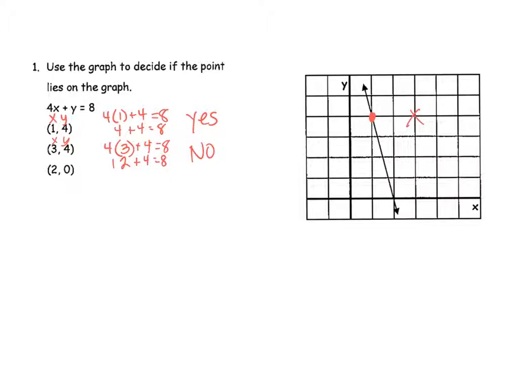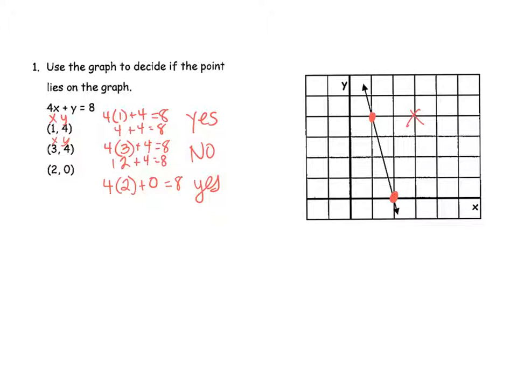2, 0. Plug it in, plug it in. 4x, put a 2, plus y, 0, equals 8. Tell your table if it's a yes or a no. 2, 0.